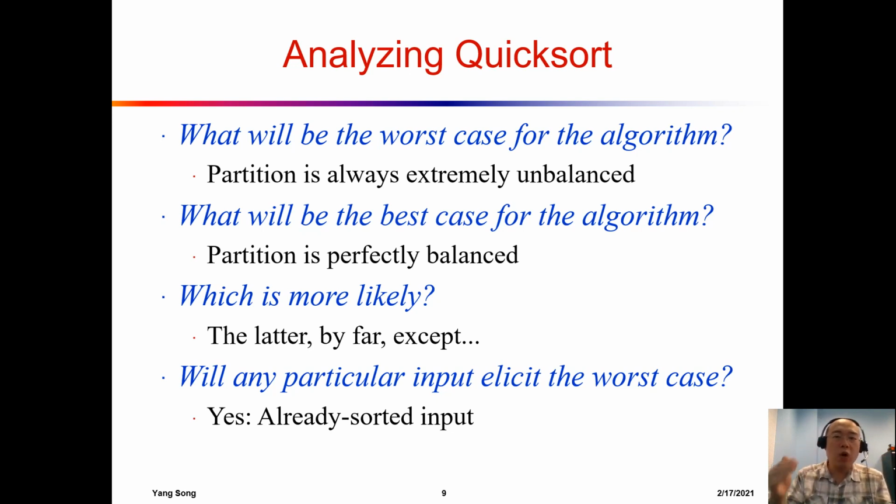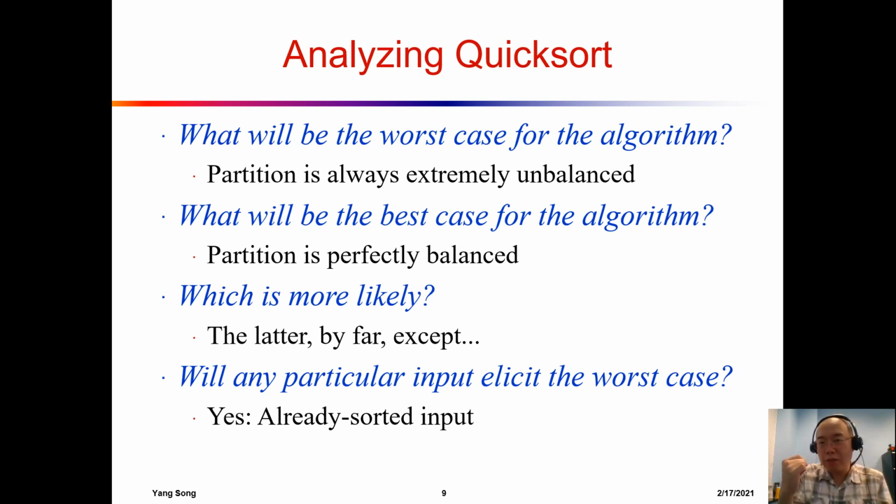If we go to the second round, the next recursion, what is the pivot? The pivot will be the smallest value among the values to be sorted. So again, we pick the second smallest value, and this is another worst case.